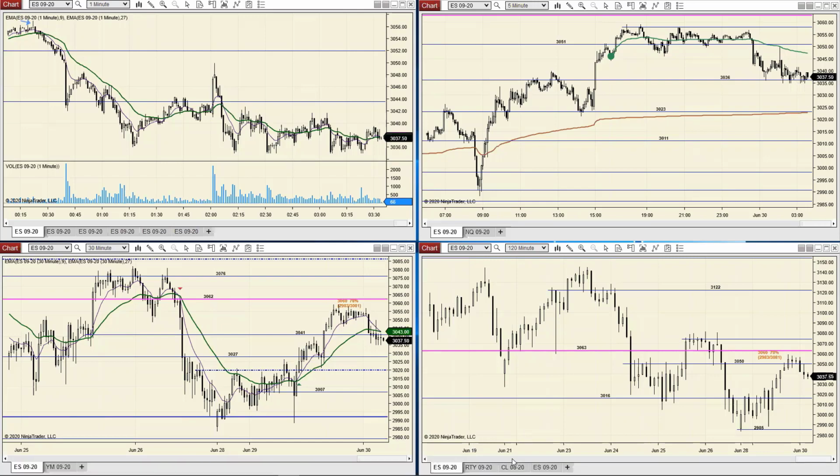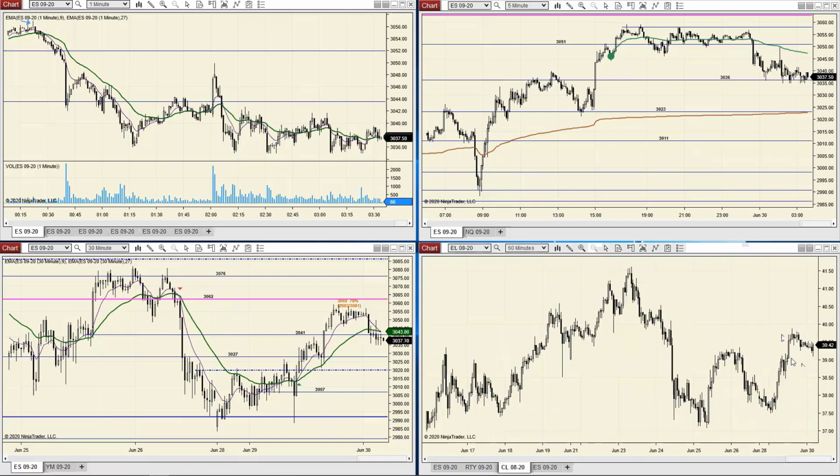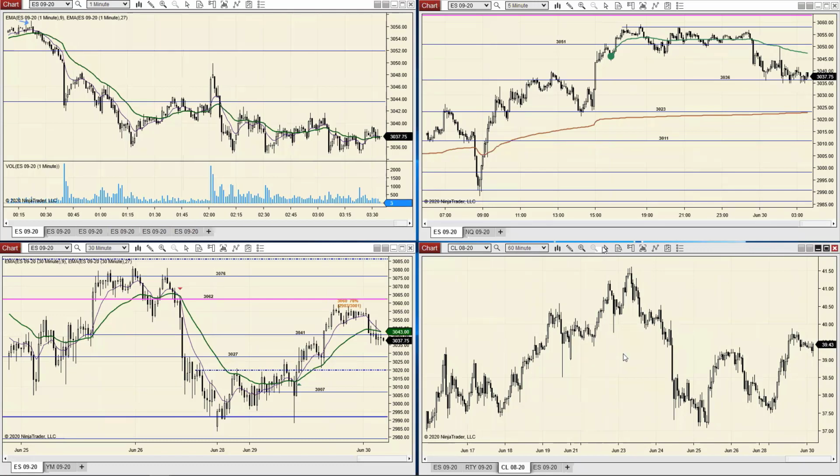When we take a look at crude oil, that's just trading 39.42. We did see that pretty good pullback from 41. Did come off quite a bit, and we're just kind of middle of the road in it right now.